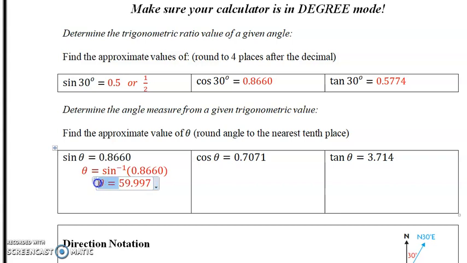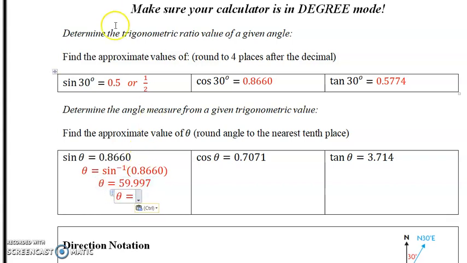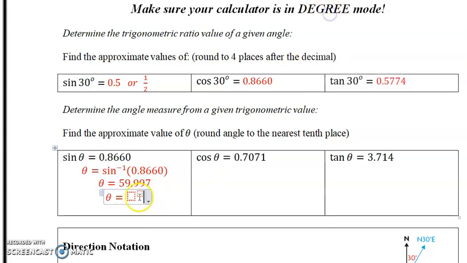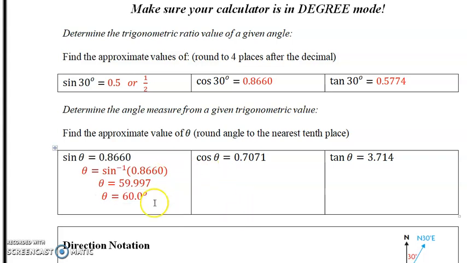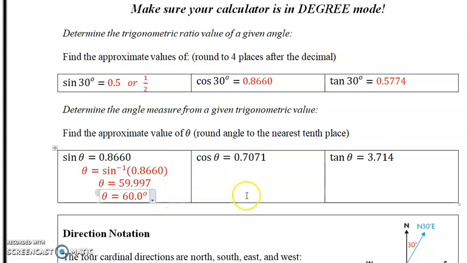So we say that theta is equal to 60.0, because even though the 9 rounds up to a 0, which makes it 60 even, it said 10th place, so you still put in the decimal 0. Okay?